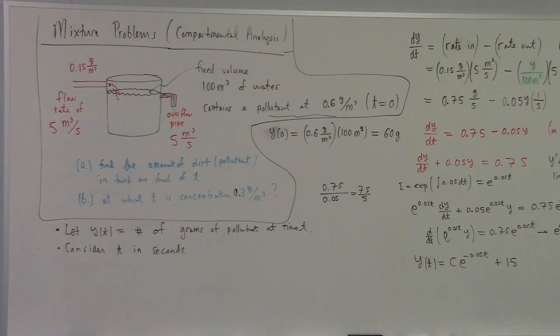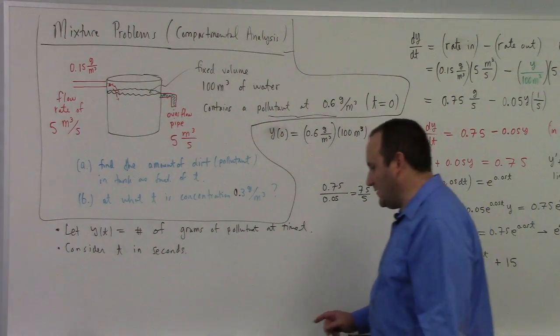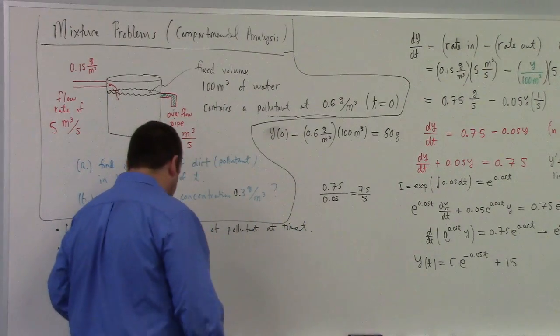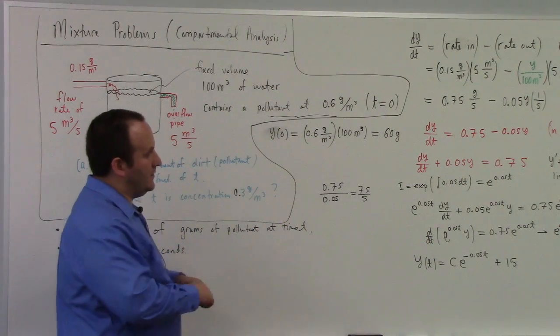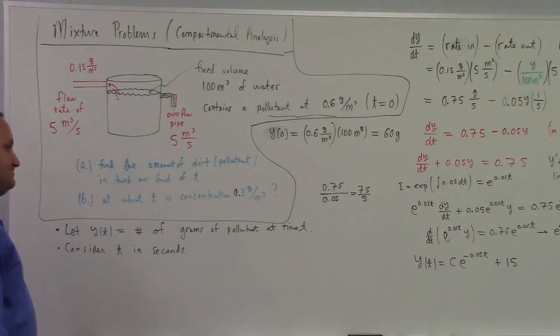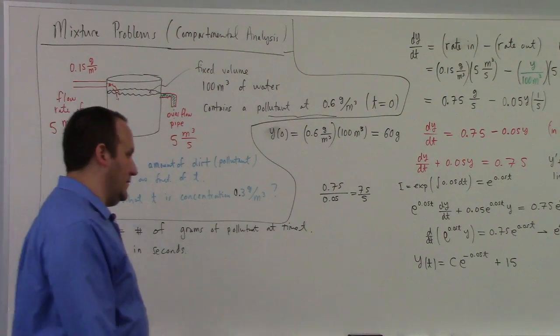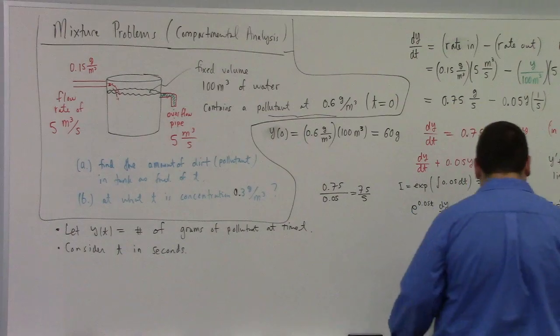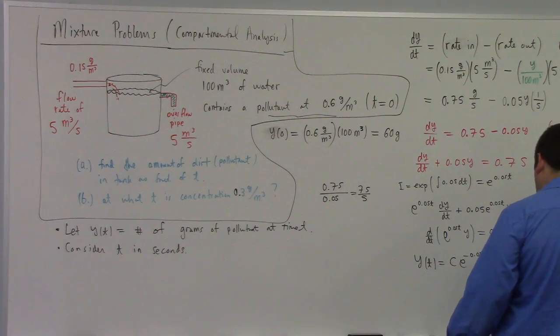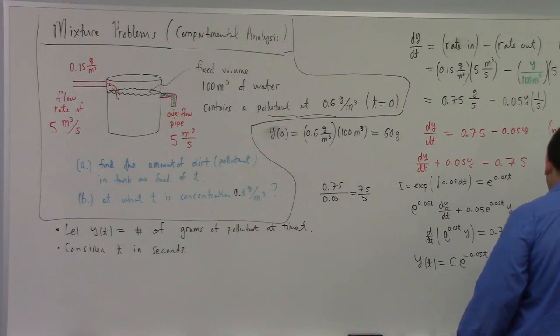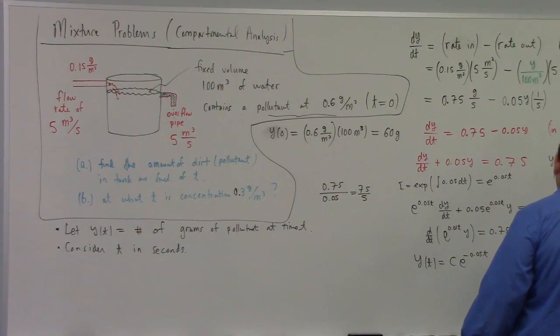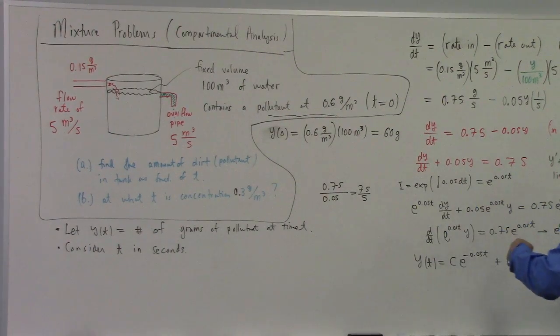Maybe I'm wrong. Okay, so then what? We can figure out C. How do we do that? t equals 0. Right, so yeah, t equals 0. We know y of 0 is equal to c plus 15, but it's also equal to 60.